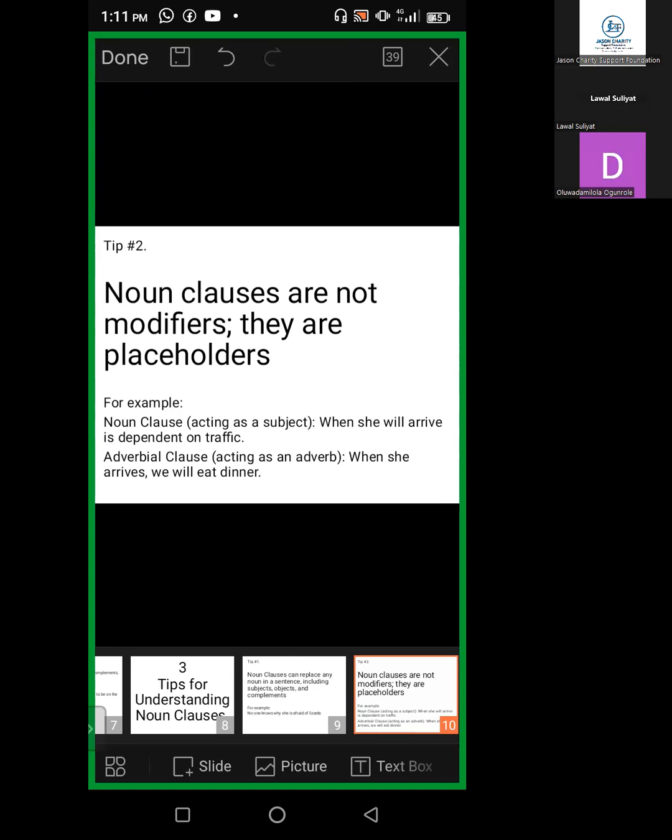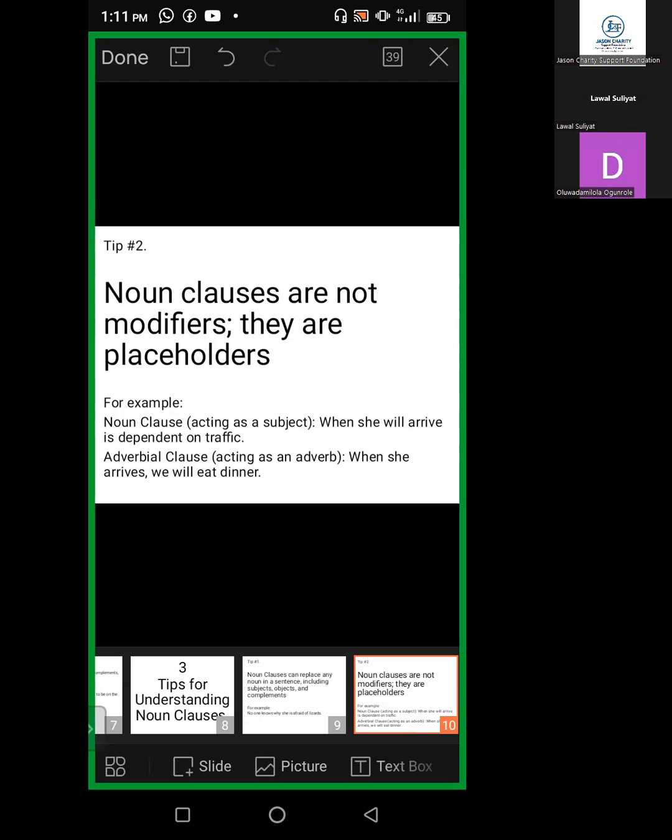Now, a noun clause functioning as a complement to a subject is not modifying the subject. It's only qualifying it, telling us more about what the subject is or what the subject can do. So it gives more information, not trying to tell us how that thing goes or how it should be. So that is the understanding of saying that noun clauses are not modifiers, they are placeholders.